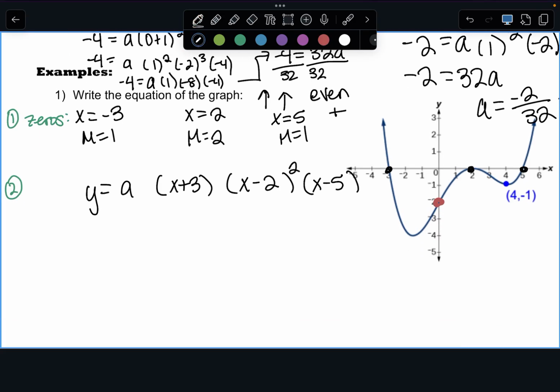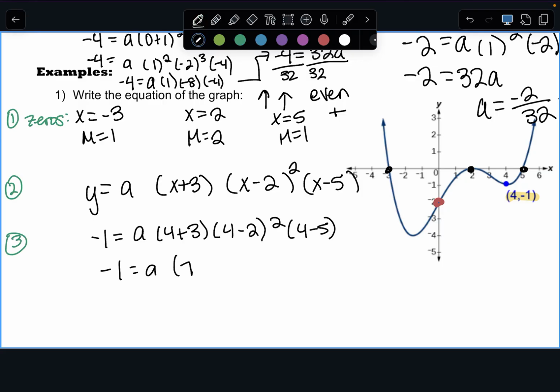So, what should I change y to? What's y? -1. A is just A, because I'm solving for it. And x is 4. So I'm changing all of my x's to 4s. This is technically step 3, where we are plugging in to find A. Okay. On the left, -1. On the right, 4 plus 3 is 7. 4 minus 2 is 2.